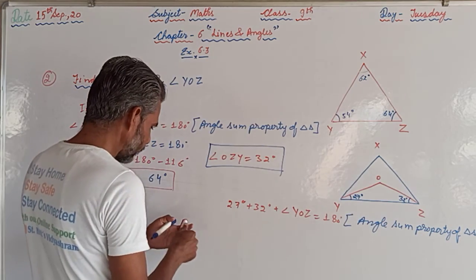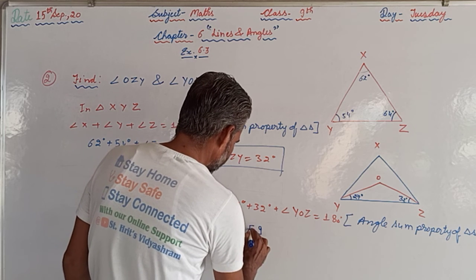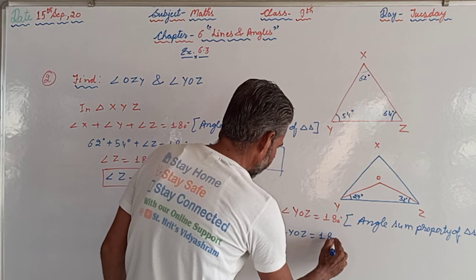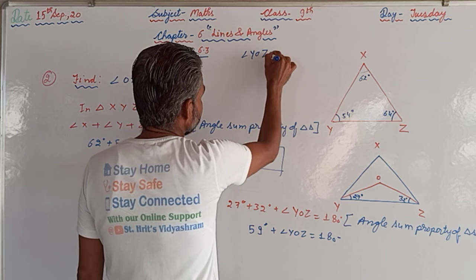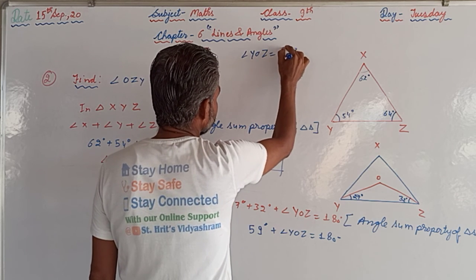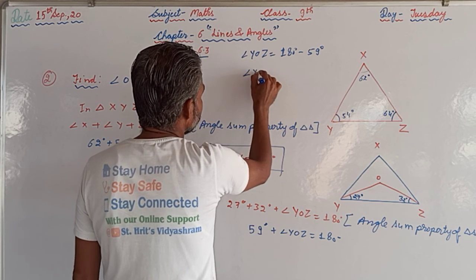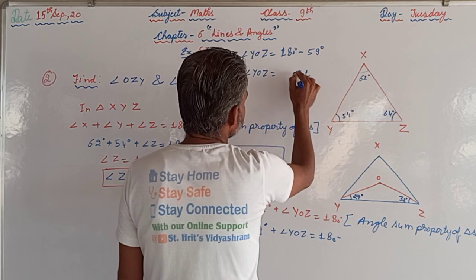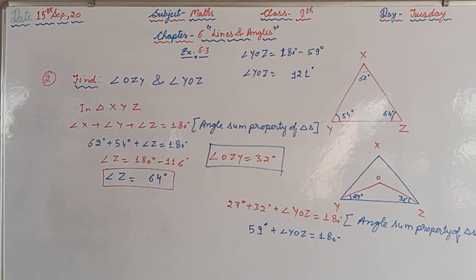OYZ. So from here we can write 27 plus 32 is 59, plus angle YOZ is equal to 180 degree, and angle YOZ will become 180 degree minus 59 degree. So angle YOZ is 121 degrees. That will be the answer for that part.